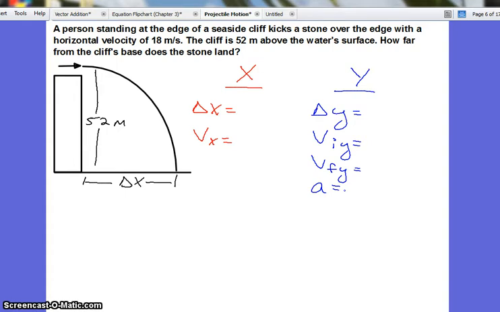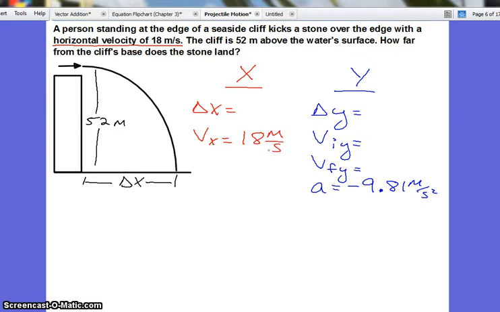The first thing we can always write down in projectile motion is the acceleration, and that is only in the y direction. There is no acceleration in the x. So that is negative 9.81 meters per second squared. We also see that it's a horizontal velocity of 18 meters per second. So look for keywords like horizontal, and that means the velocity given is the x velocity.